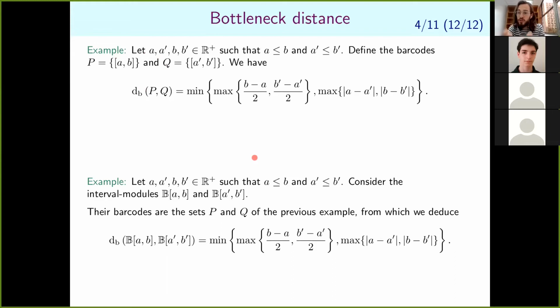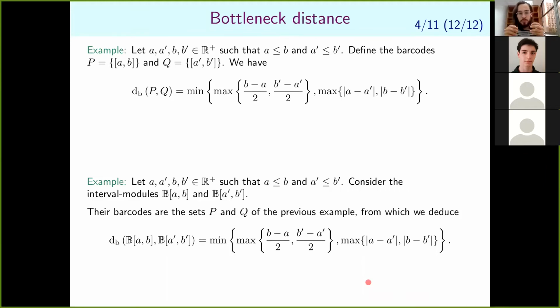The barcode of an interval module is the interval itself. So the bottleneck distance between these two interval modules is the bottleneck distance between their barcodes, which we computed just before, and we deduce this formula. So this is it for the bottleneck distance.